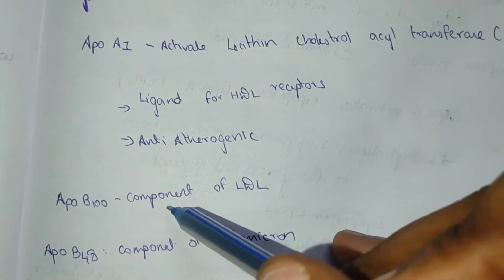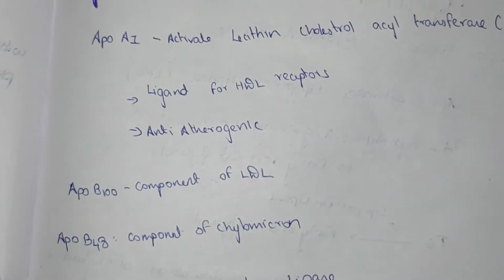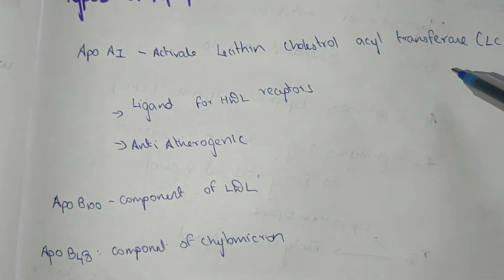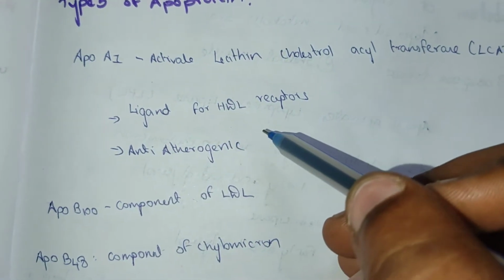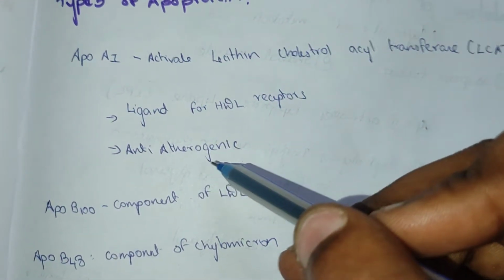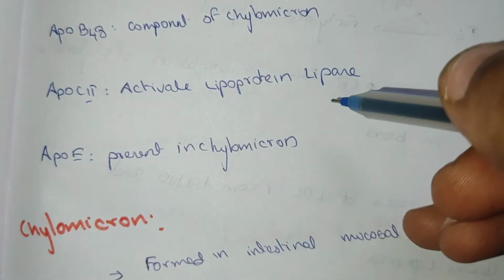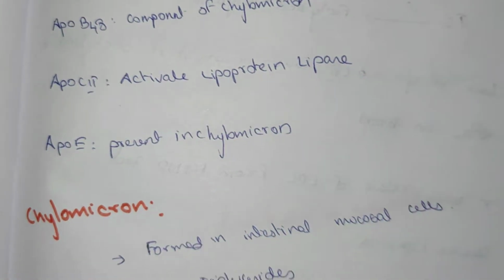ApoC2, as I have said already, activates lipoprotein lipase. ApoE is present in the chylomicrons.